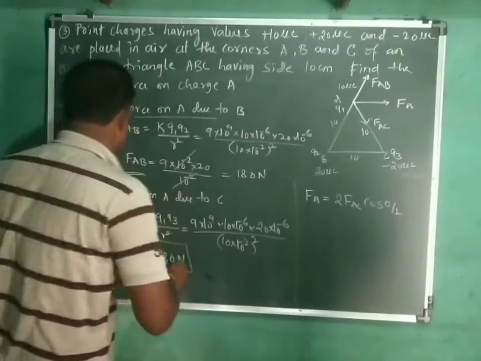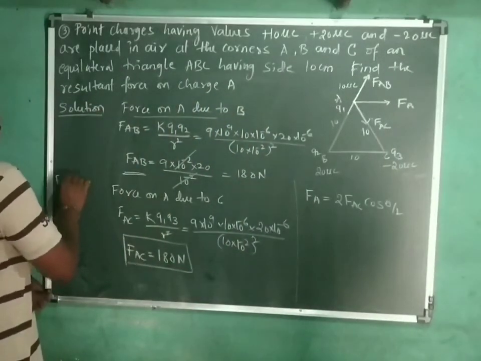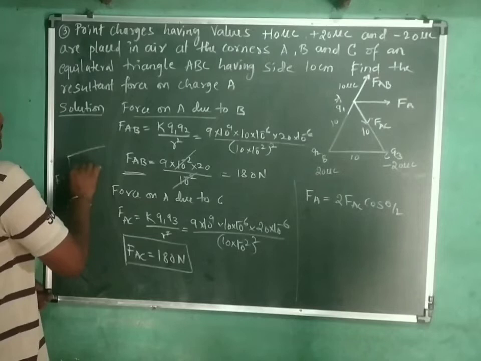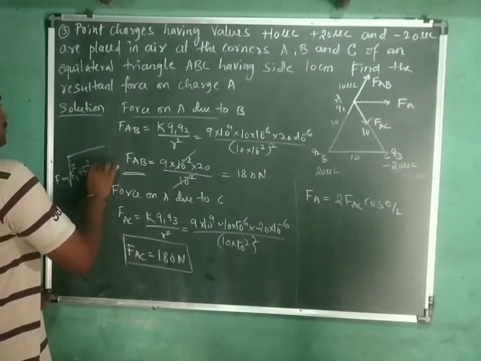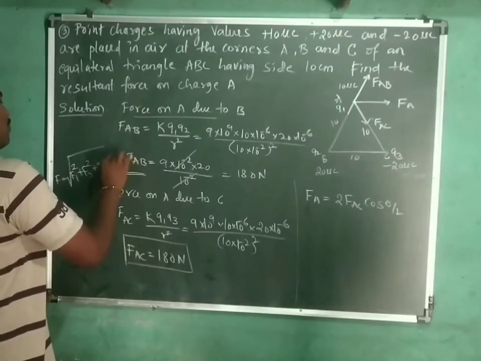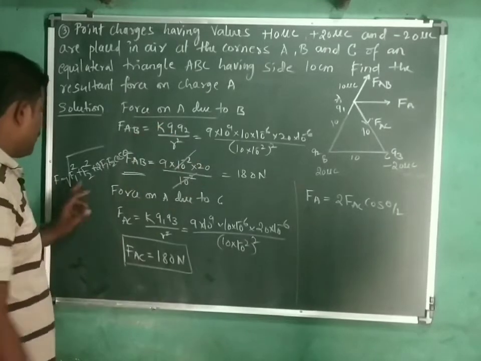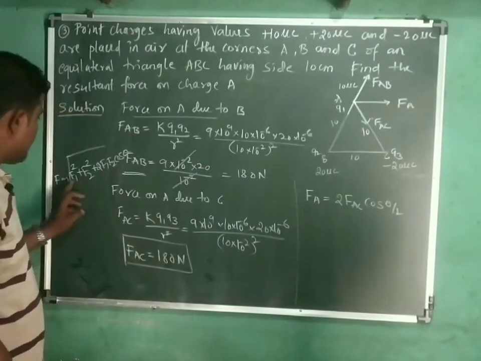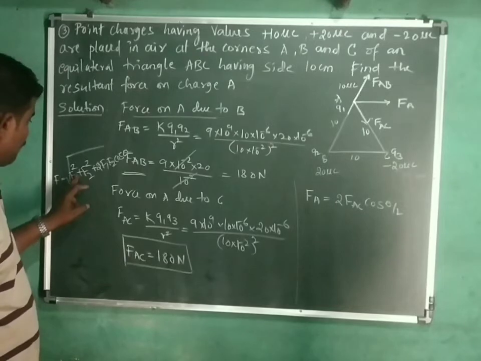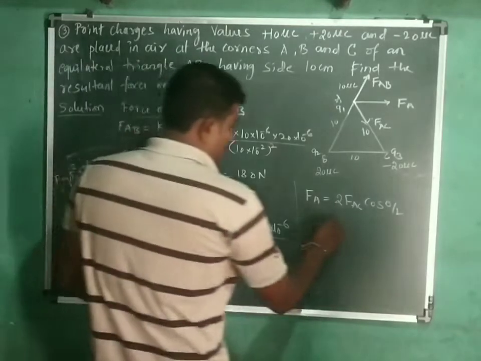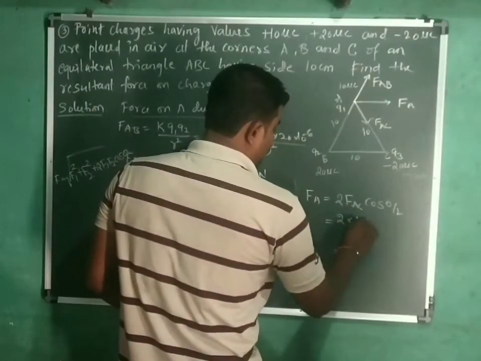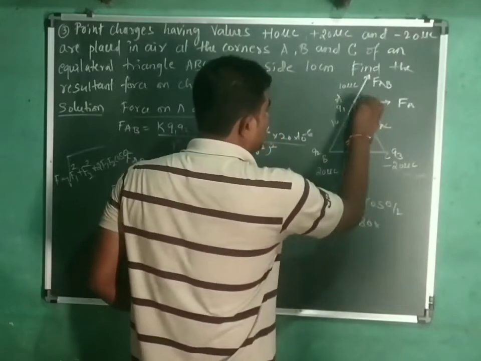No need to write F is equal to under root F1 square plus F2 square plus 2 F1 F2 cos theta. No need to find it this way because both the forces have the same magnitude. Therefore 2, it is 180, and this theta is how much?